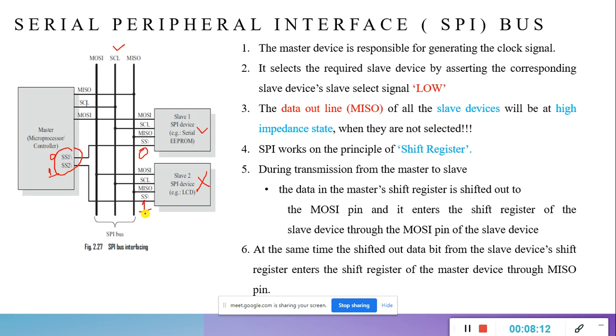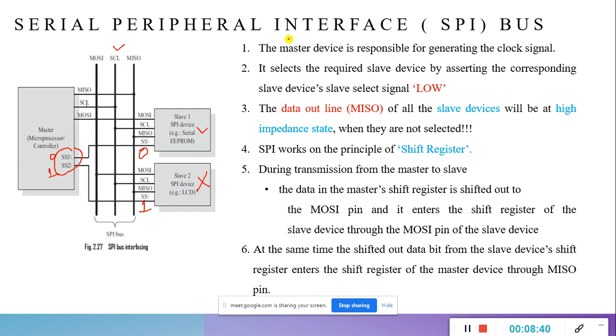But here we have a much greater advantage in the serial peripheral interface compared to I2C, as you can select the slave hardware because it is connected to the master by a separate wire itself. Send the signal, select the device that you want.